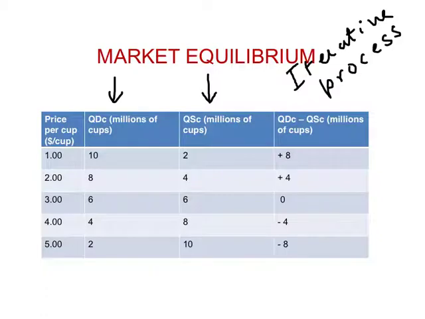So initially when it gets into business, it sets a price of $1. At this price, the demand is 10 million cups, and the amount supplied by Starbucks to different retail outlets is 2 million cups, or the difference between demand and supply is 8 million cups, or demand is greater than supply.